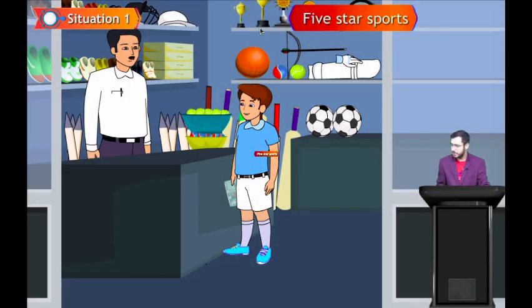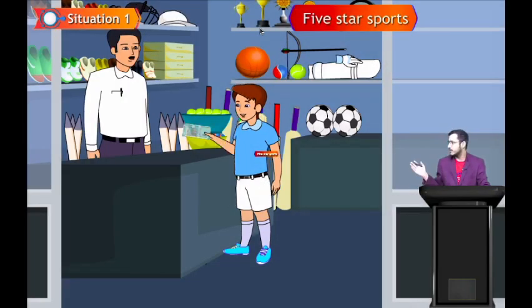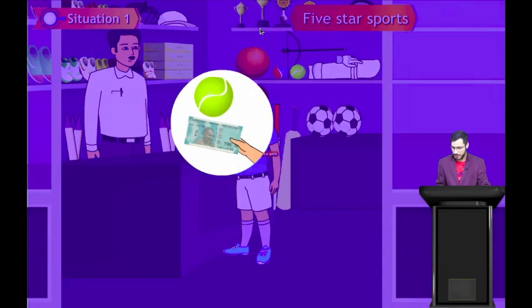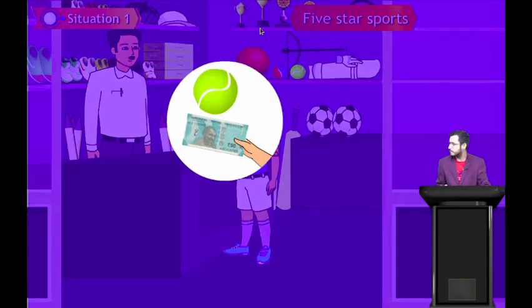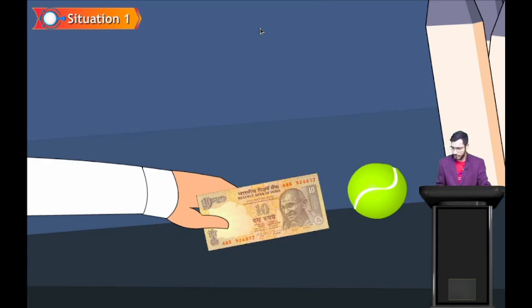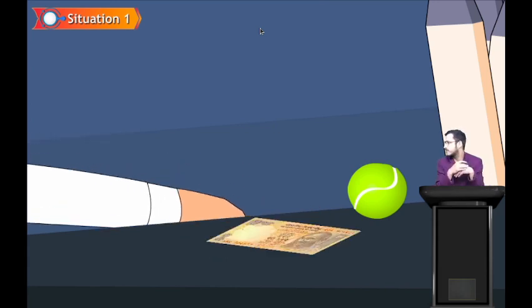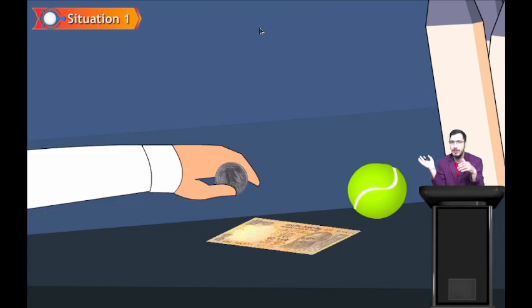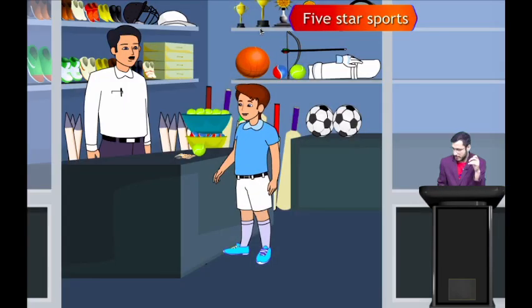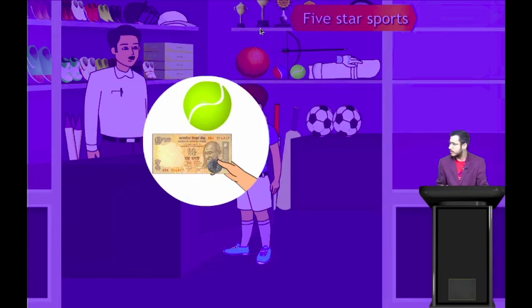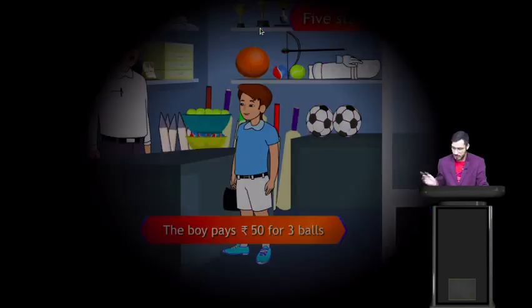Okay, situation 1, 5-star sports. We have another situation. Here you can see the cost of a ball, a student purchase, the boy purchasing a ball. Now the boy pays rupees 50 for 3 balls.